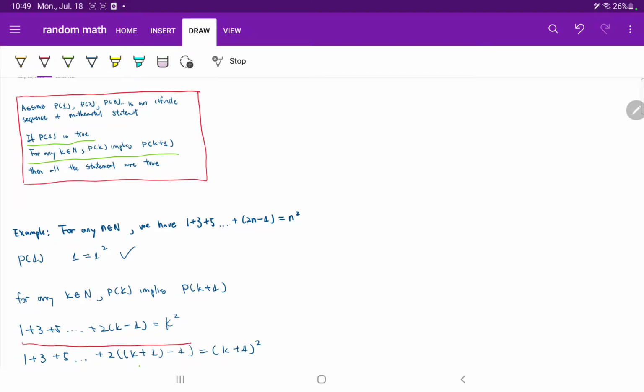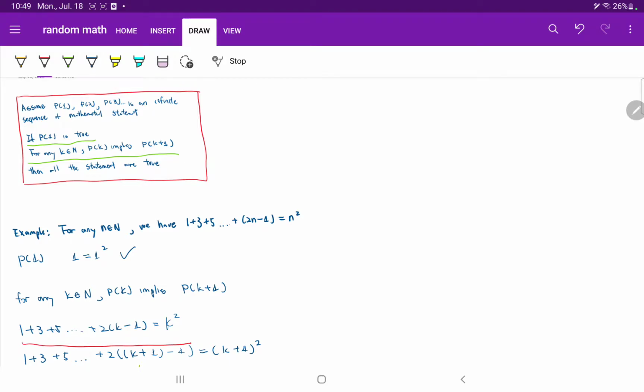I'll make more examples in my next few videos, but the big idea of induction is the same as the domino analogy. A lot of times we cannot just write down all of the mathematical statements, because there are infinitely many of them. So we make sure the first case, the base case, is true, and we make sure there's a connection between each individual statement.